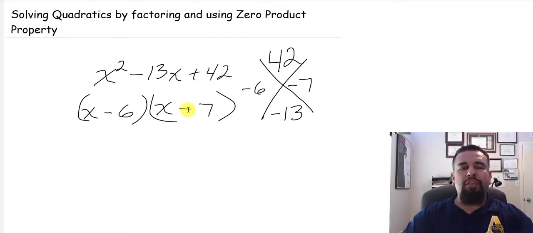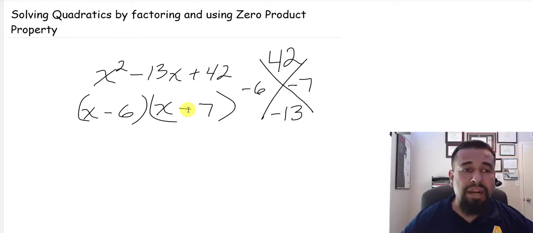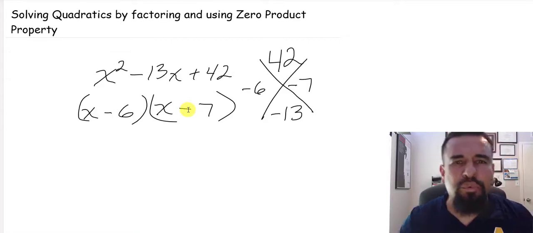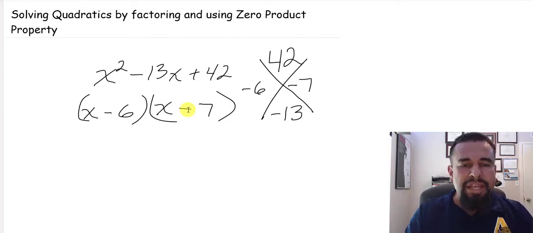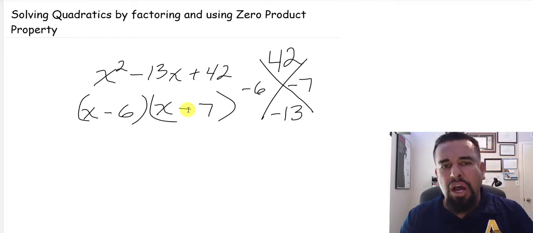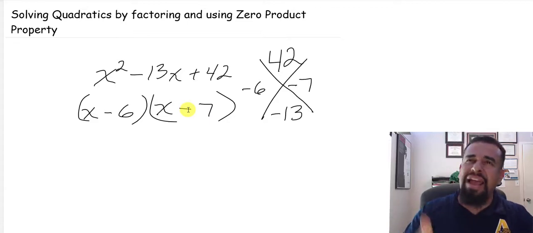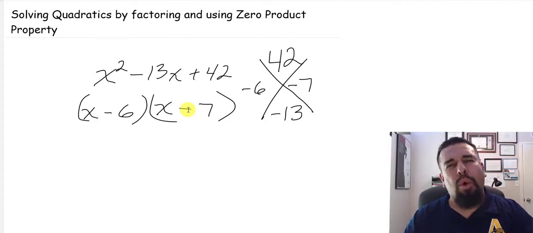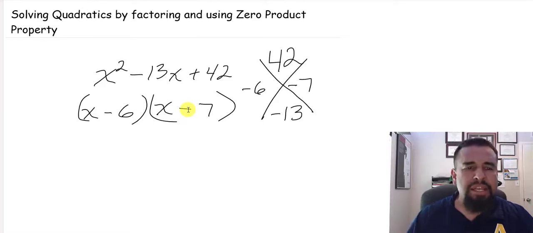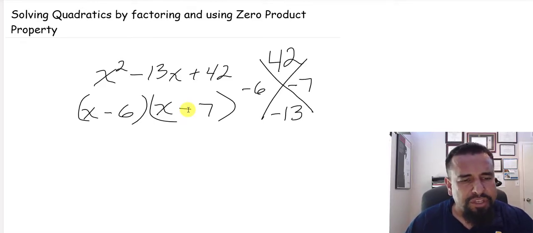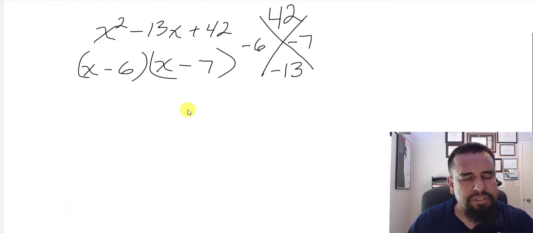Now, this process also wants me to use a zero product property to find my x values. I want you to understand what you're really finding. You're finding the x value of your intercepts, your x-intercepts. Now, if I have an x-intercept, you should know by now that my y value is going to be 0, right? So here, all you have to do, let me give myself some space here so you can see better.